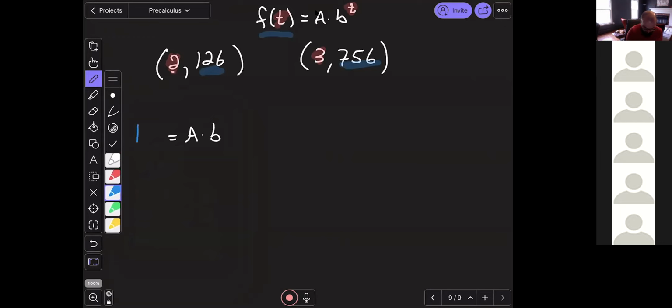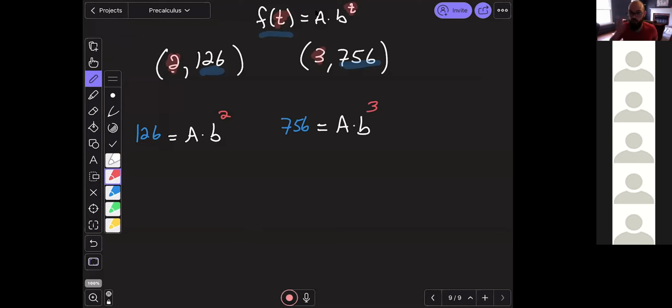Out here is my output, 126, and my input here is squared. We're going to get something very similar over here: output equals a times b raised to our input. So we'll have 756 equals a times b cubed.